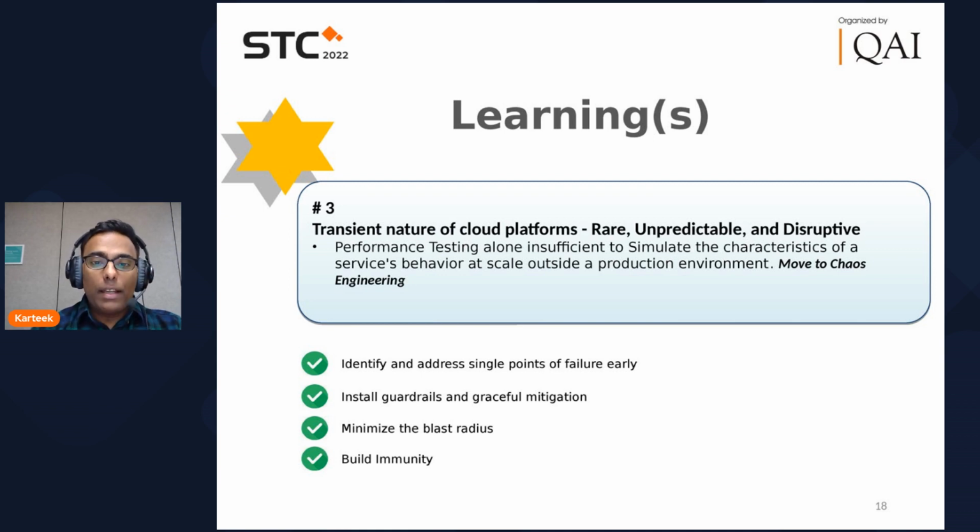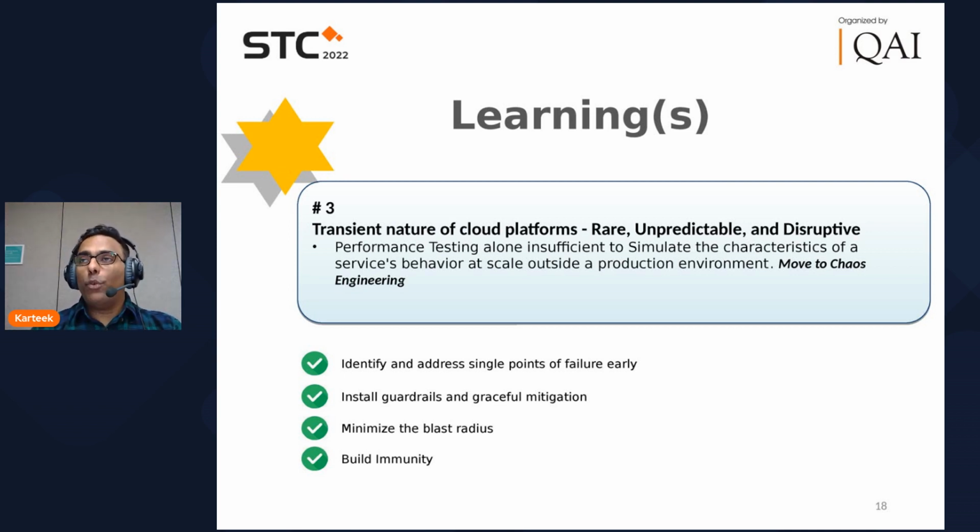When we move our workloads from on premise to cloud as part of our digital transformation, we have to understand the cloud platforms are transient in nature. Some of the issues that we get on those platforms are rare and predictable, and in some cases disruptive.